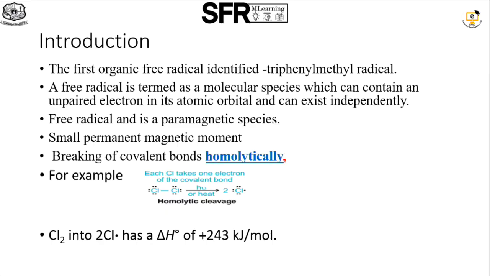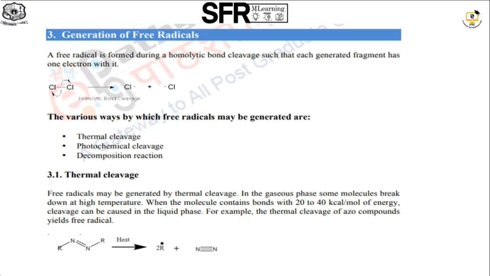Free radicals are formed in different ways: thermal decomposition, photochemical decomposition, thermal cleavage and photochemical cleavage. In thermal cleavage, the free radical is formed by a high amount of temperature given to a compound.